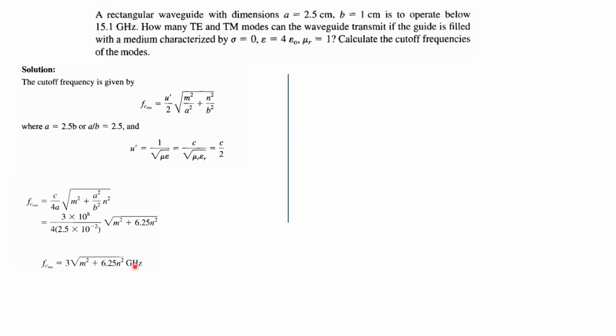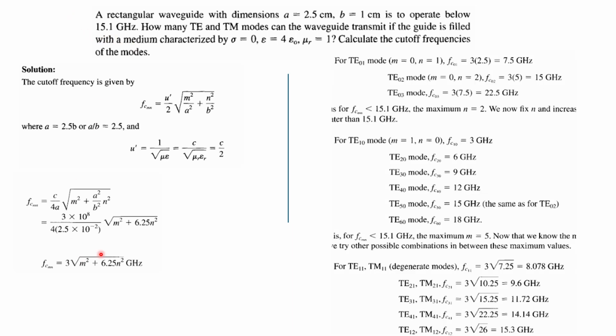So now let's find how many modes have a cutoff frequency less than this, because in the question itself it is given that the frequency is operating below this 15.1 gigahertz. So let's see how many modes will propagate. First put m equal to 0, n equal to 1.